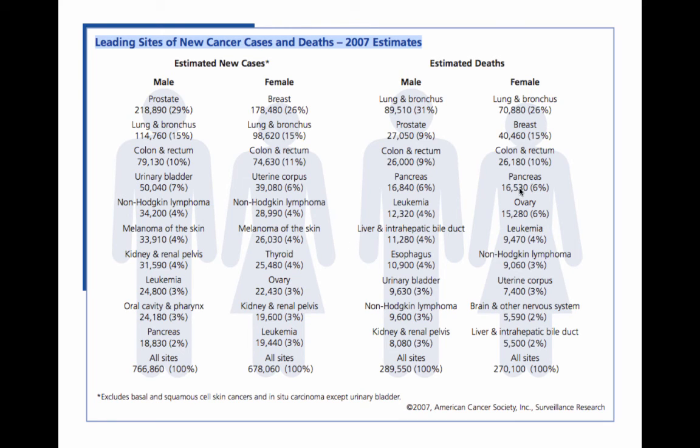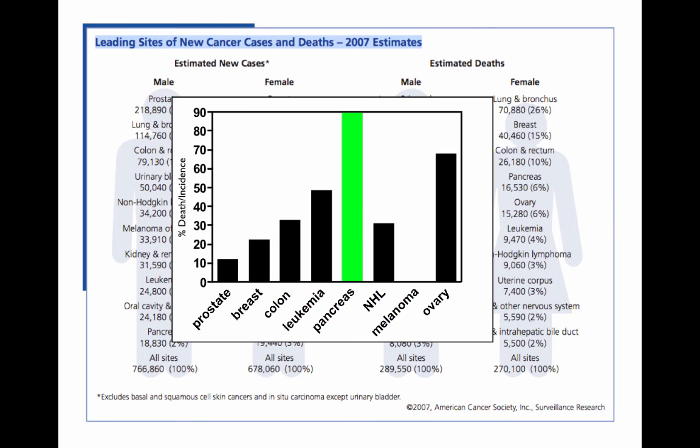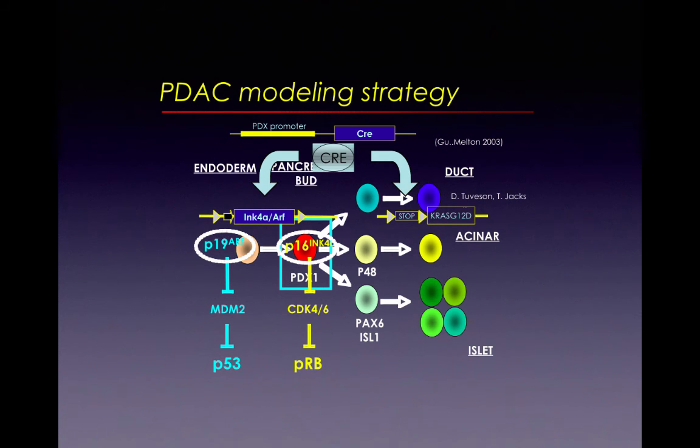However, its estimated deaths are around 6% of the deaths due to cancer, which makes it in the top 4, and it's projected by 2030 to be second only behind lung and bronchus for the top killer from cancer deaths. And so putting this another way, percent death to incidence, 94% of people that are diagnosed with pancreatic cancer will die within 5 years. The majority of that is between 3 to 6 months. So we really need new strategies.